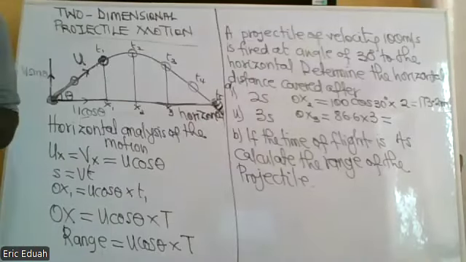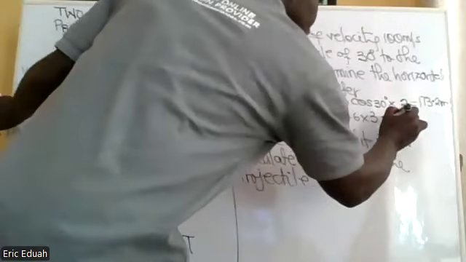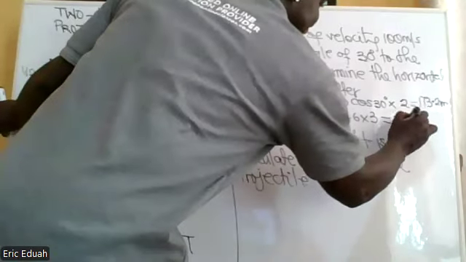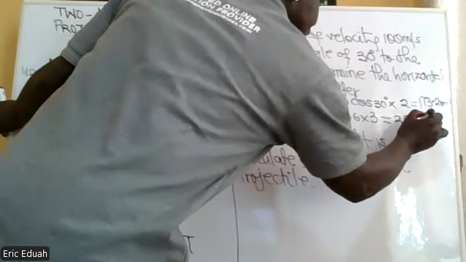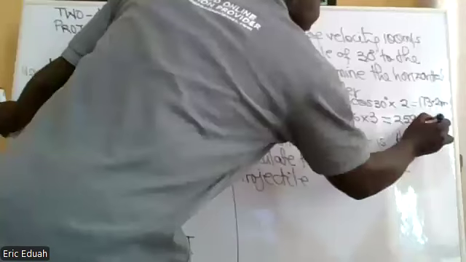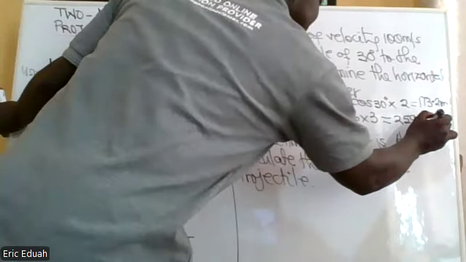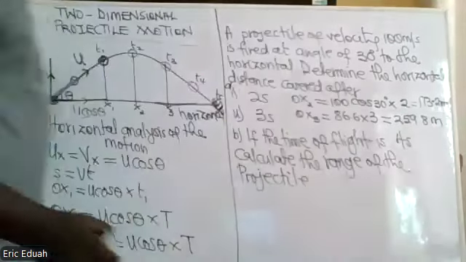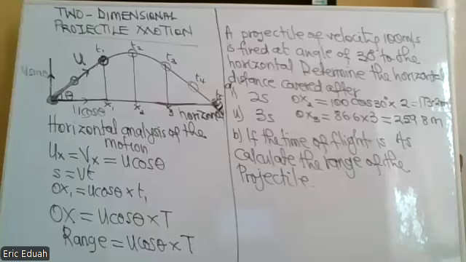What is 86.6 times 3? 259.803 meters. Then if the time of flight is 4 seconds, calculate the range of the projectile.